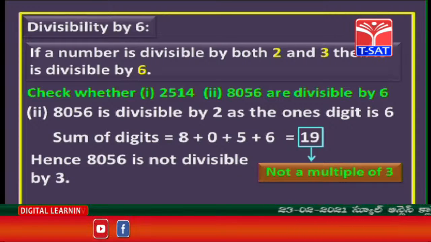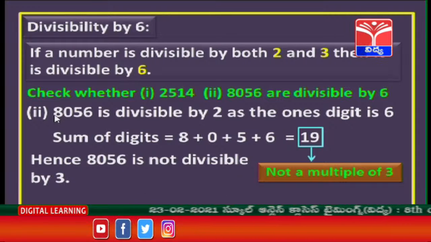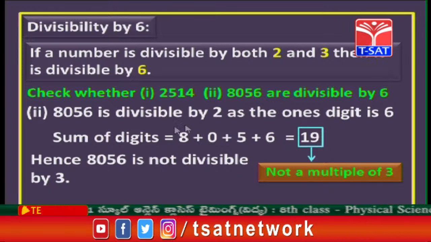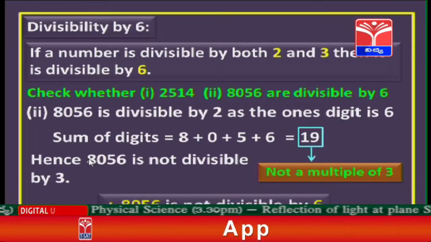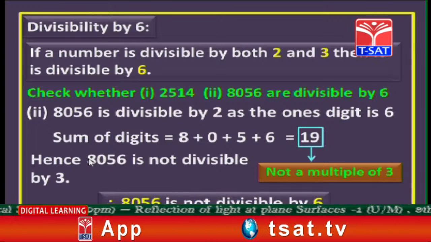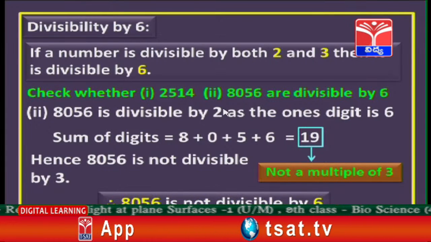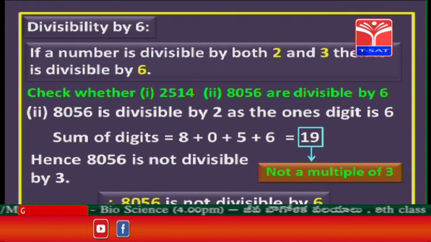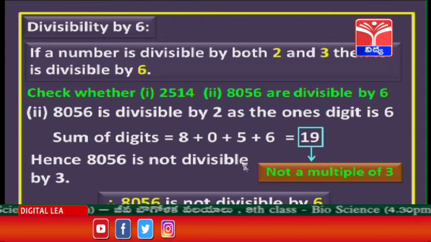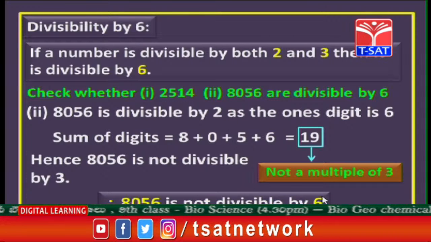What do you conclude from this, children? First, 8056 is divisible by 2, whereas it is not divisible by 3. Hence, I can say that 8056 is not divisible by 6. If it is divisible by both 2 as well as 3, then only it is divisible by 6. Got it, children? If it is divisible by only one of them, it is not divisible by 6.